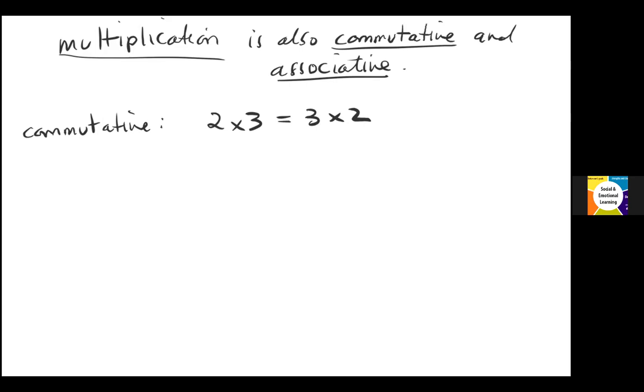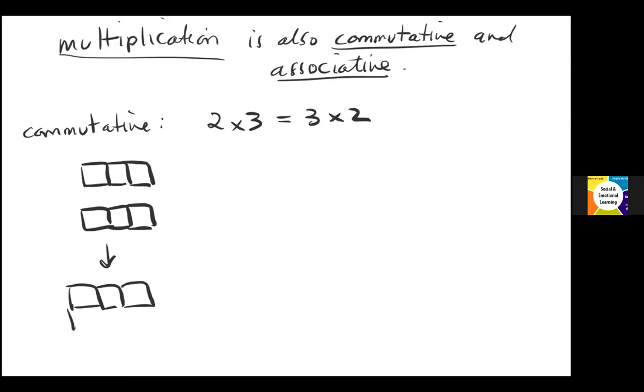And, you know, the way that they show that in the book with these diagrams, they say we could have either 2 times 3 blocks, and that would give us 2 rows of 3 here. Added together would give us 6 blocks.